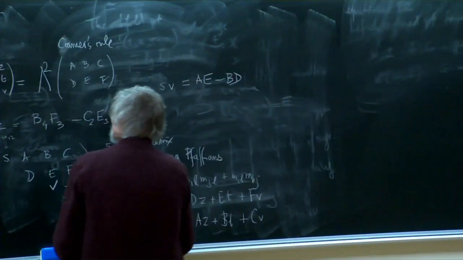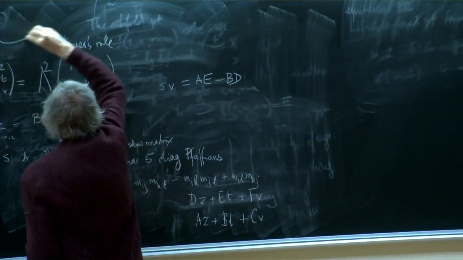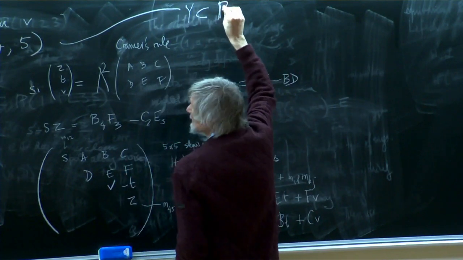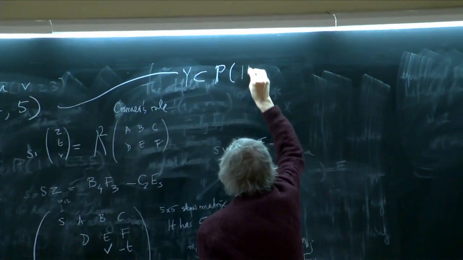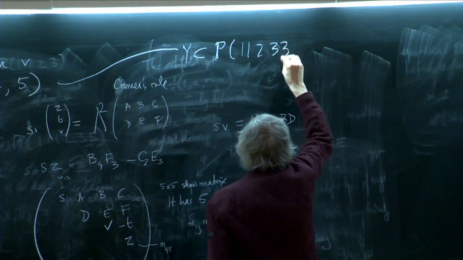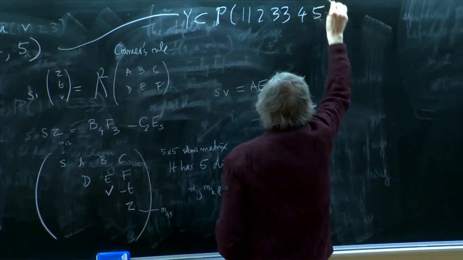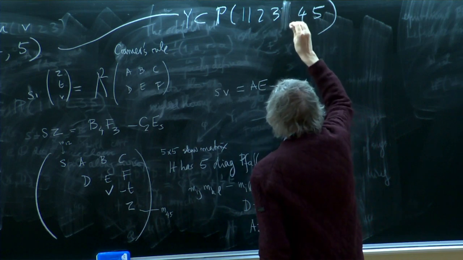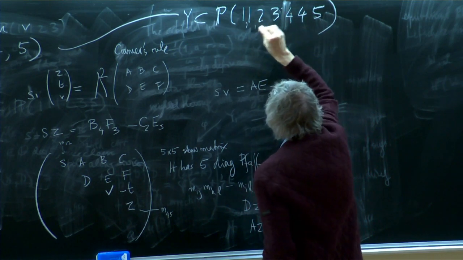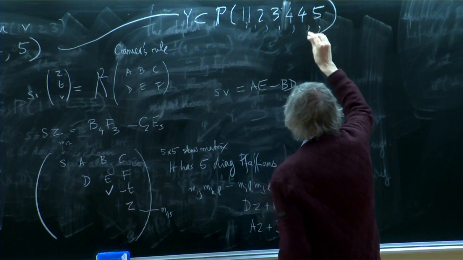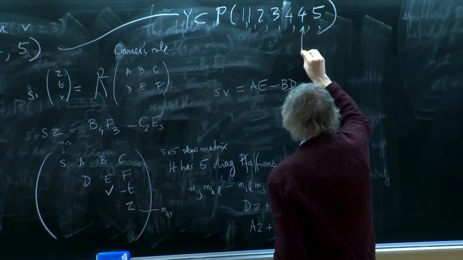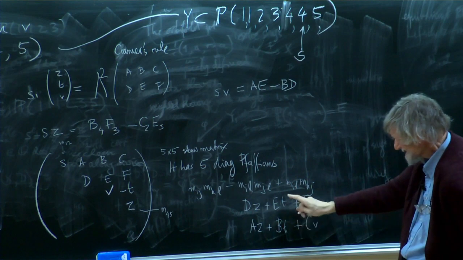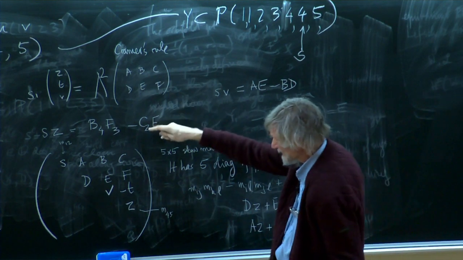So this says we go to Y inside P(1,1,2,3,3,4,4,5), where this is the new variable S, and everything else. So I keep the old equations, and I add 3 new equations.